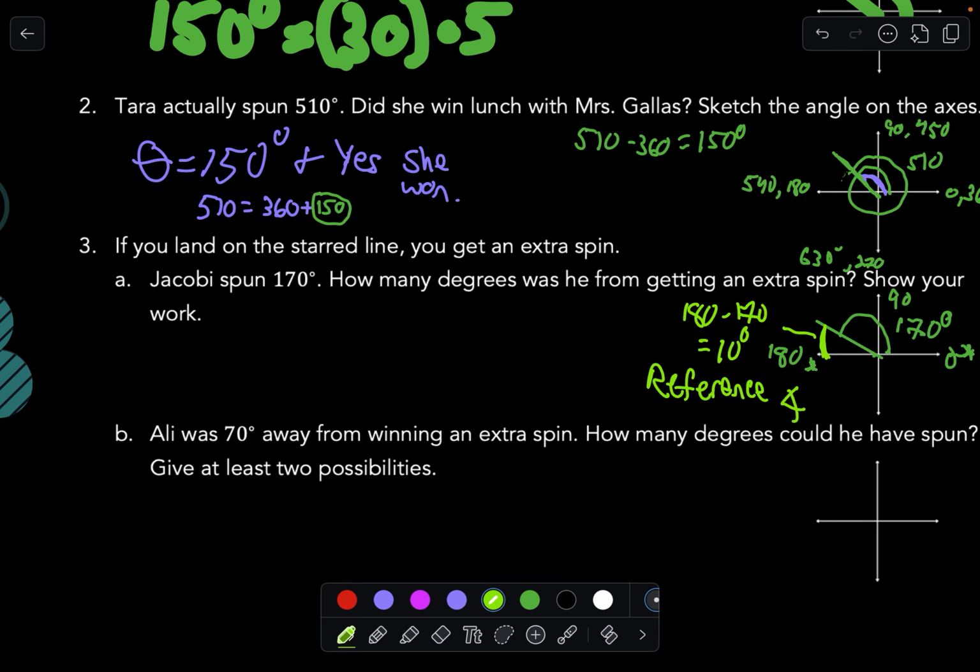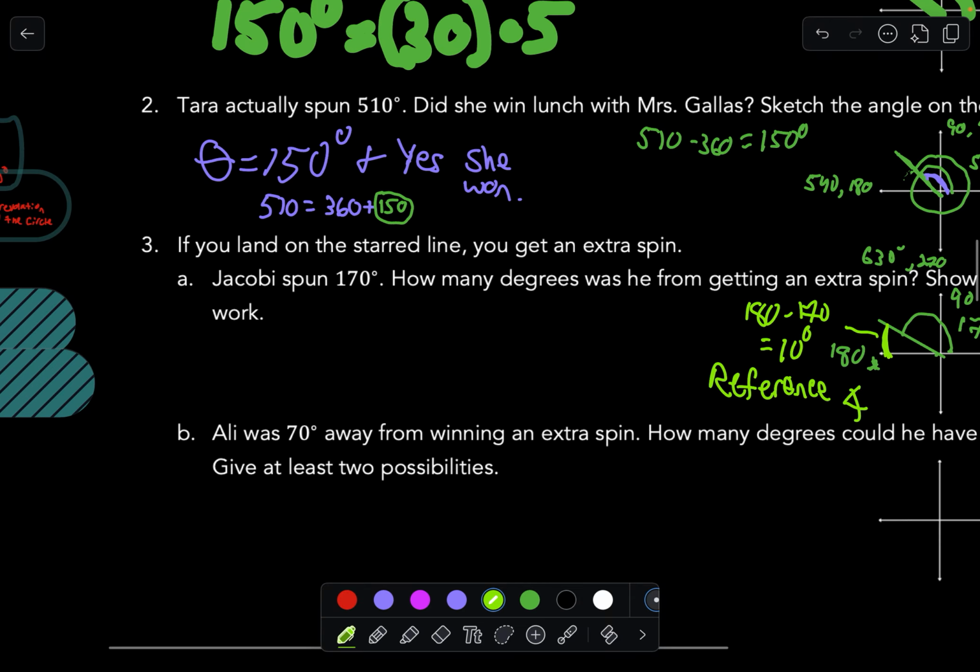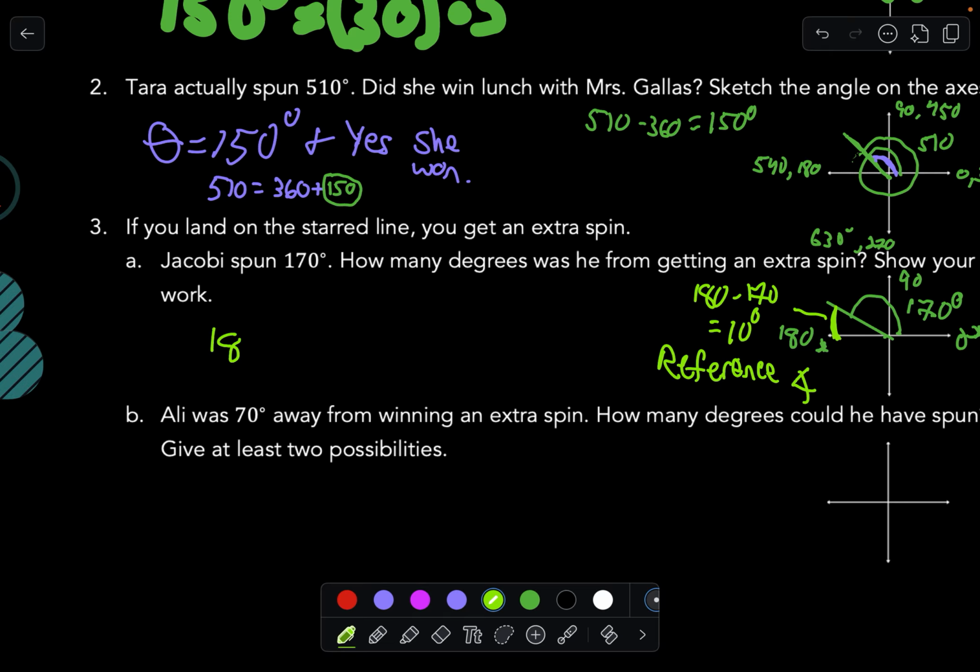It's the angle that is the closest angle between the terminal side and the x-axis. So 10 degrees is the reference angle. It was the full 180 to get to the straight angle to get to the other side of the x-axis, minus the 170, which is what he spun, and that difference is 10 degrees.